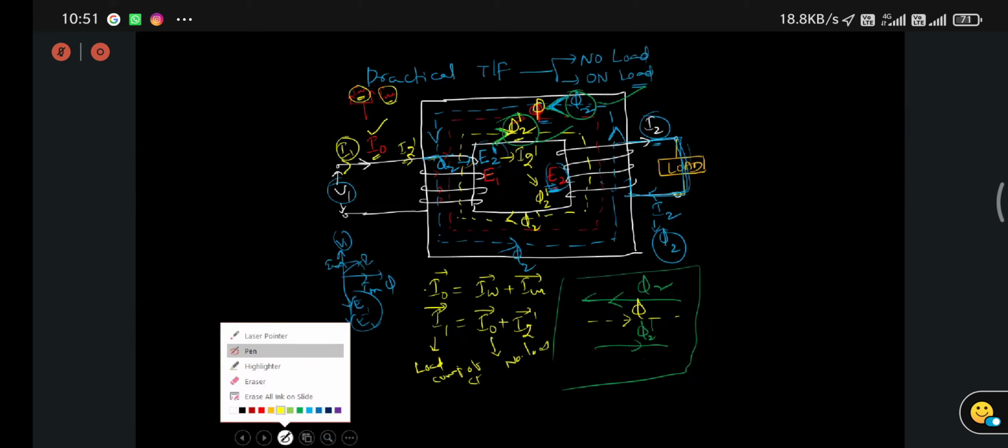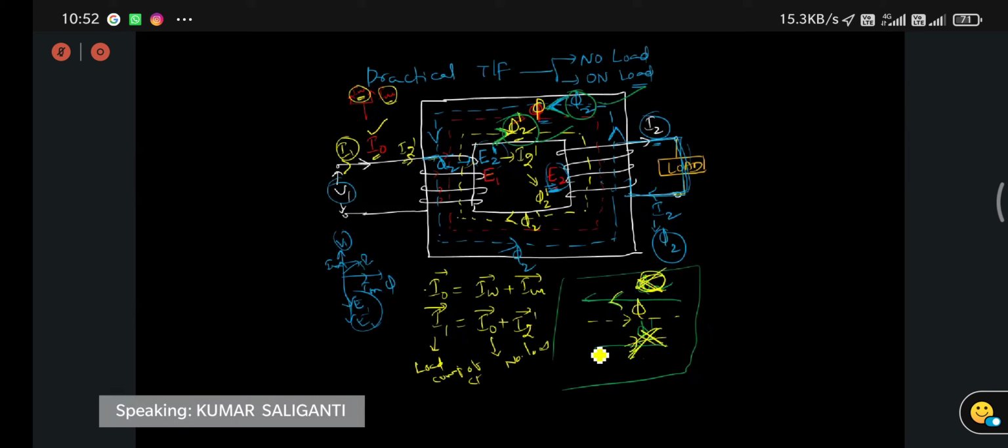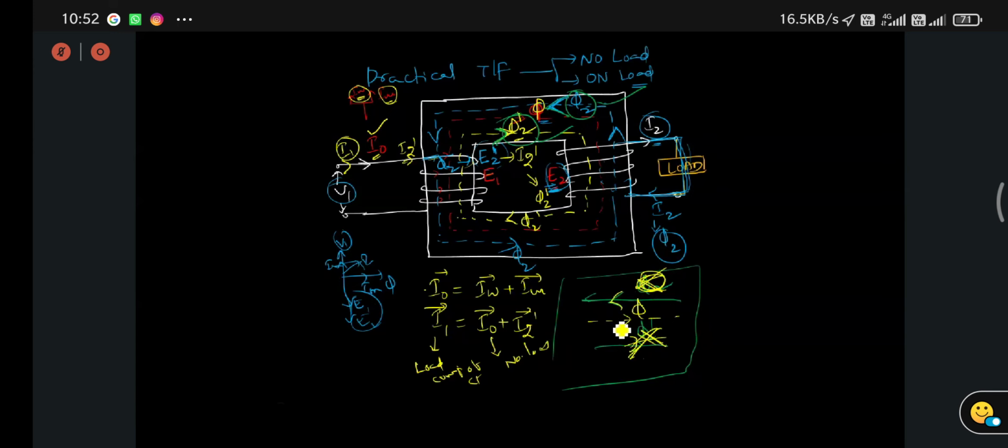Both pi 2 and pi 2 dash oppose each other, both cancel each other. Thereby the net flux carried by the core will be only this flux.